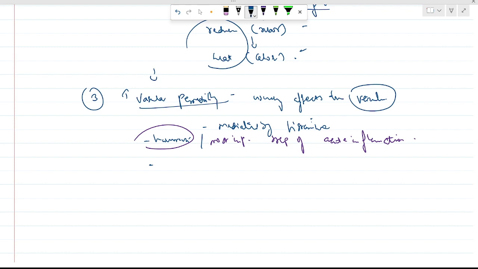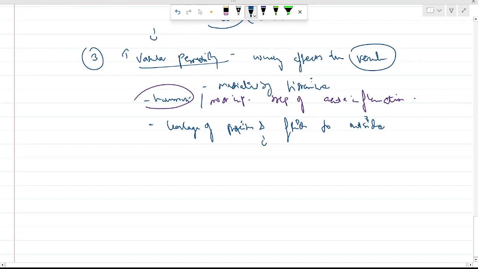Due to increased vascular permeability, there is leakage of proteins and fluids to outside. What do you mean by outside? To the interstitial spaces, not to outside of the body, from vasculature to outside. This leads to swelling of the site.